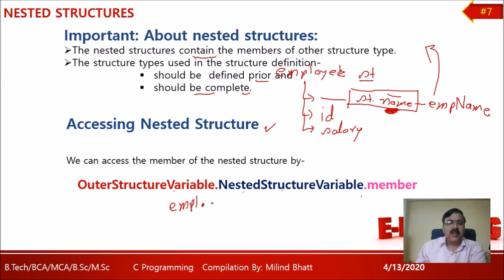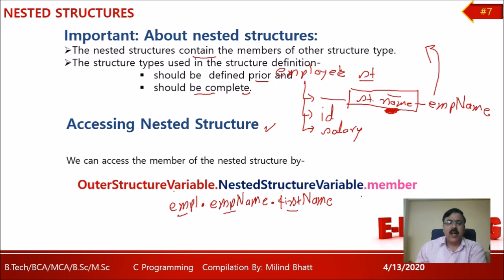It is having a nested structure variable as emp name, and the member of the inner one, it is first name. Outer structure variable, nested structure variable, member of nested one. You can verify it with the earlier example.